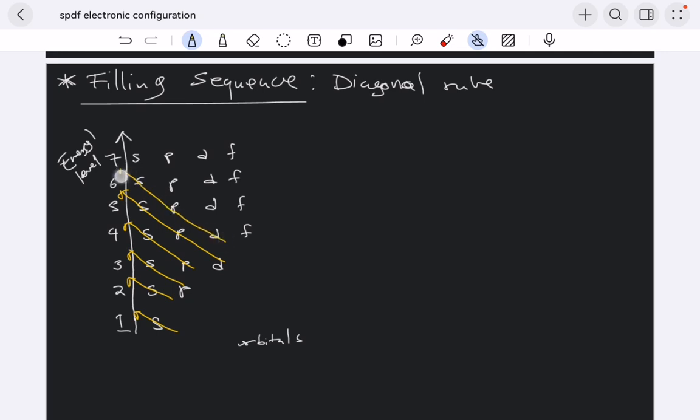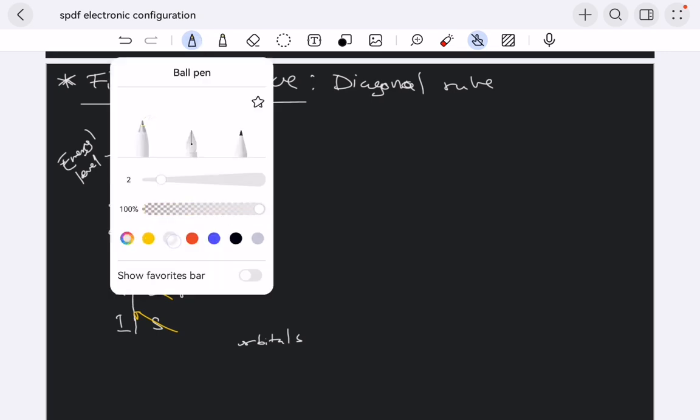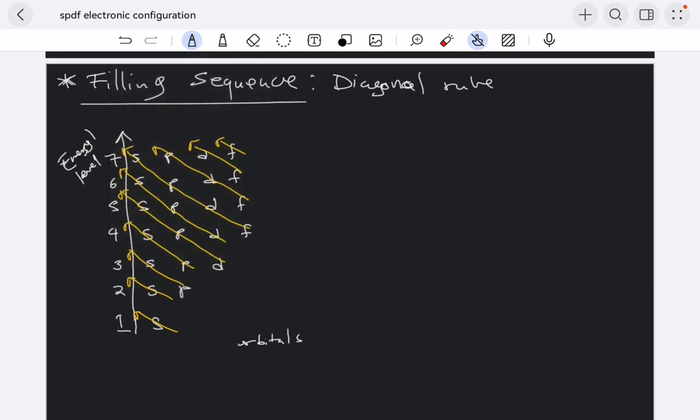So we're going to use this to come up with a standard way of writing the electronic configuration. So this means that we're going to use this standard electronic configuration system, which starts with 1s followed by 2s followed by 2p, then 3s, 3p.